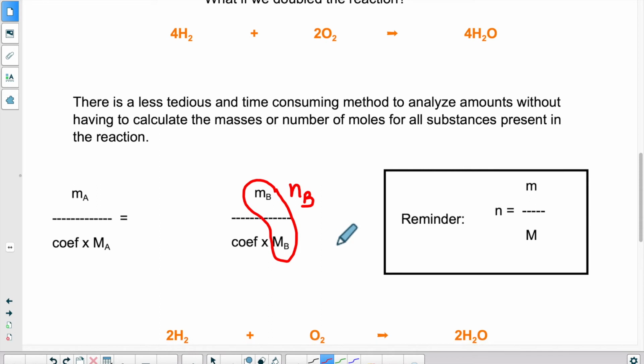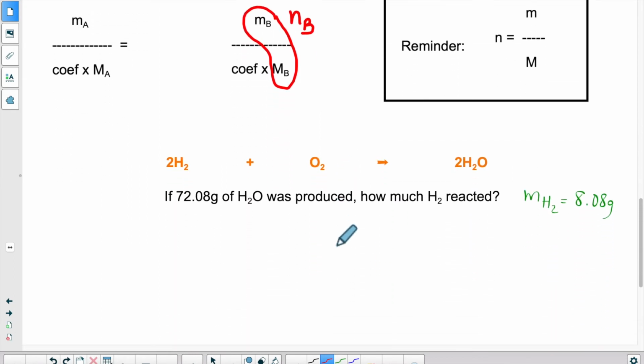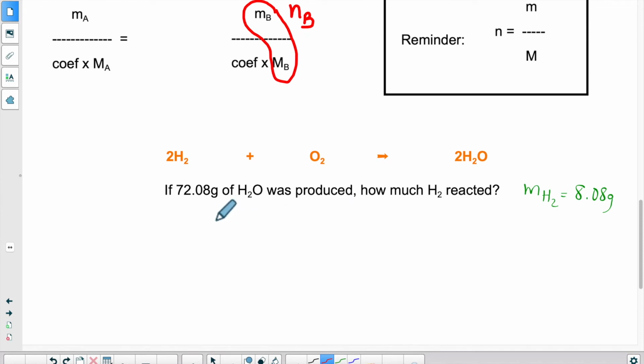All right, so if I take my original equation and I say, if I have 72.08 grams of H2O, this substance here that was produced, how much hydrogen did actually react in this reaction?